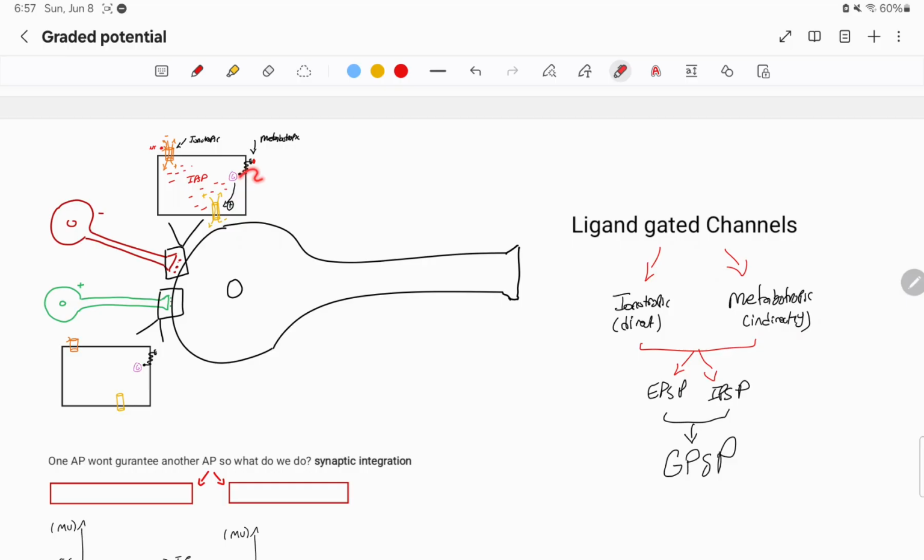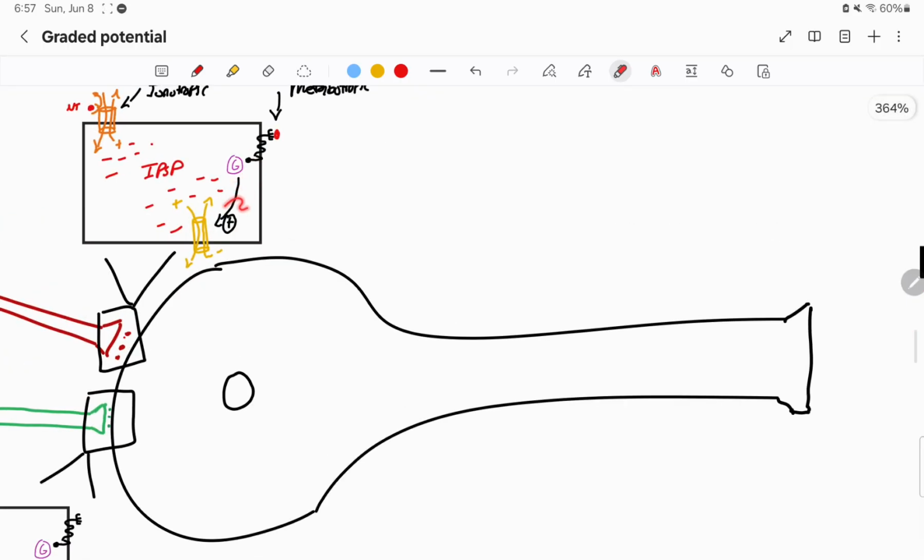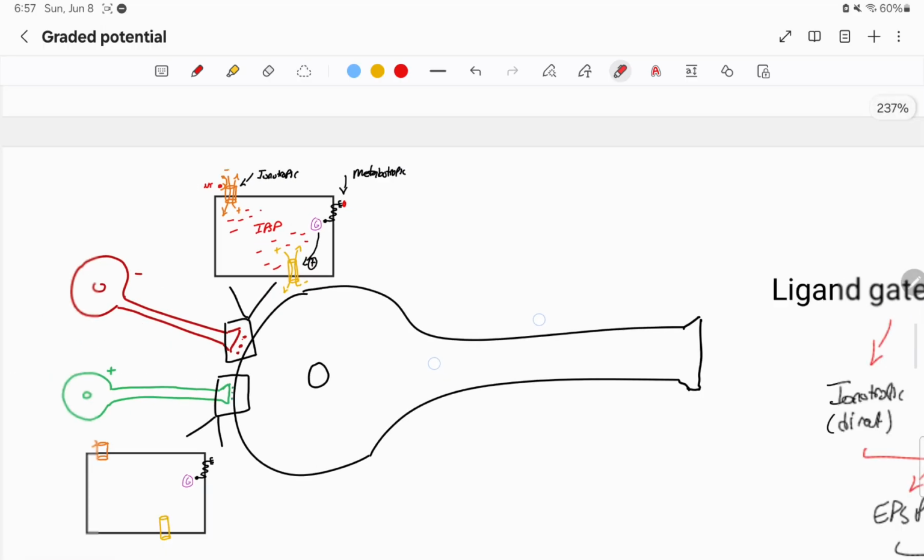This G protein will activate a bunch of things called secondary messengers inside of the cell, and those secondary messengers will then transmit the message and tell some channel on the membrane, hey, you've got to open up and let positive charges out so we can cause an IPSP. Or, hey, you've got to open up and let negative charges in because we want to cause an IPSP.